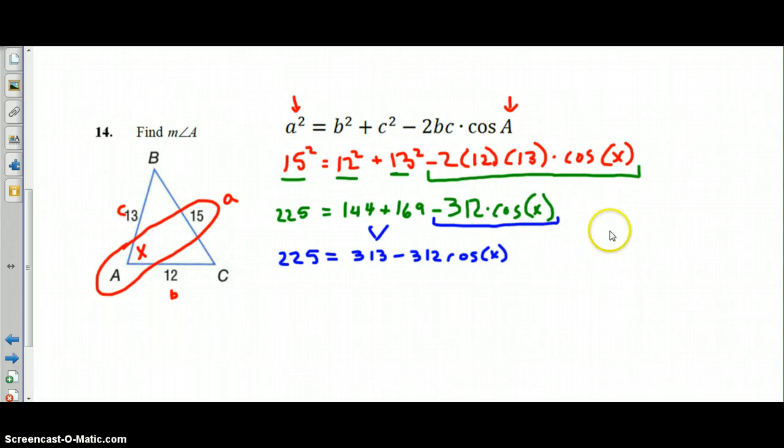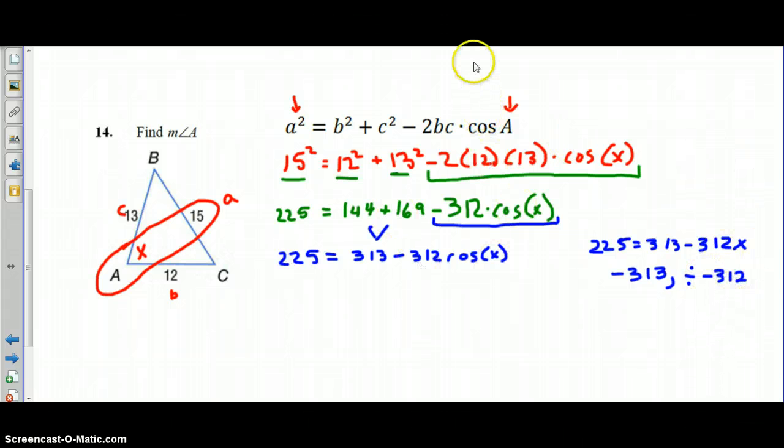If we relate this to the equation 225 equals 313 minus 312x, what we would end up doing is subtracting 313 and then dividing by negative 312.